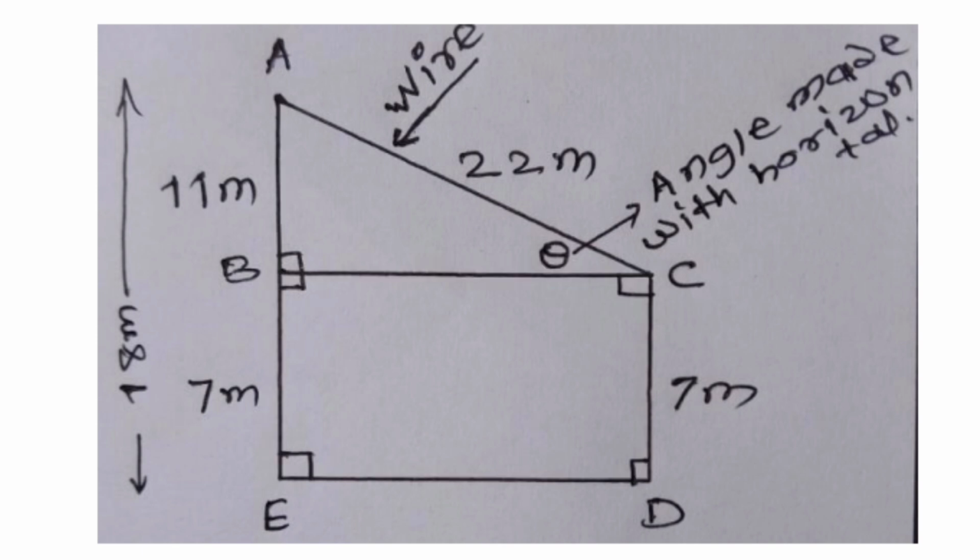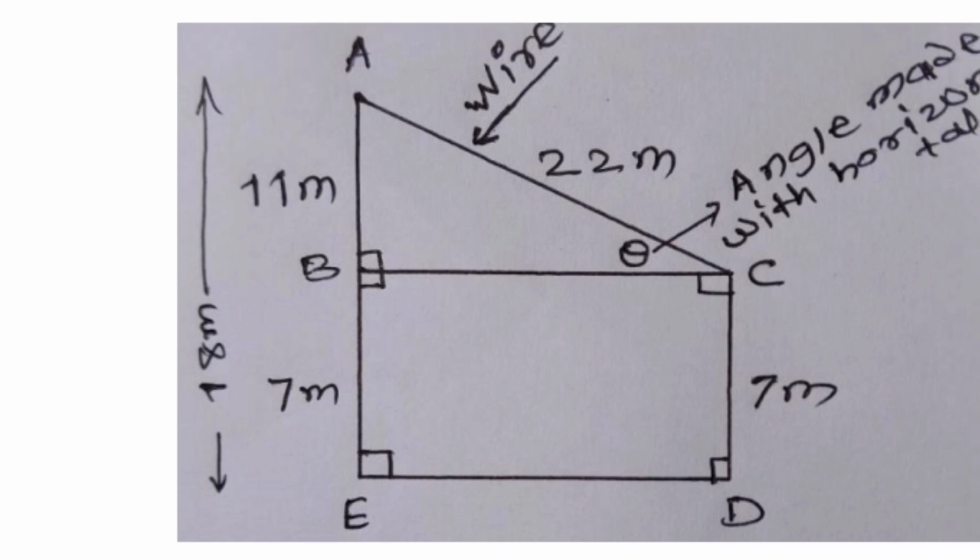Therefore quadrilateral BCDE is a right angled quadrilateral. Therefore here in a right angled quadrilateral, that may be a square or may be a rectangle.